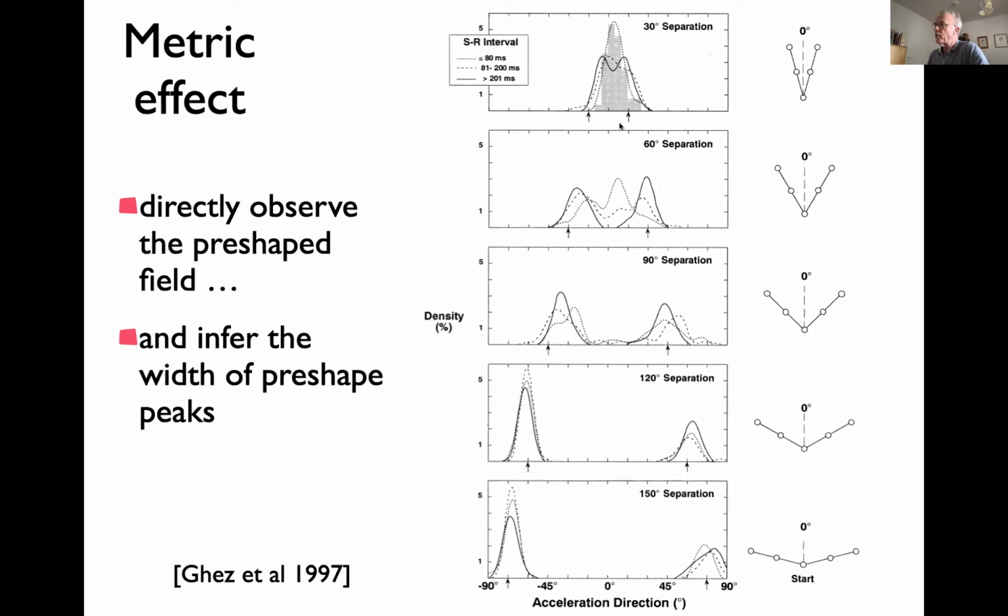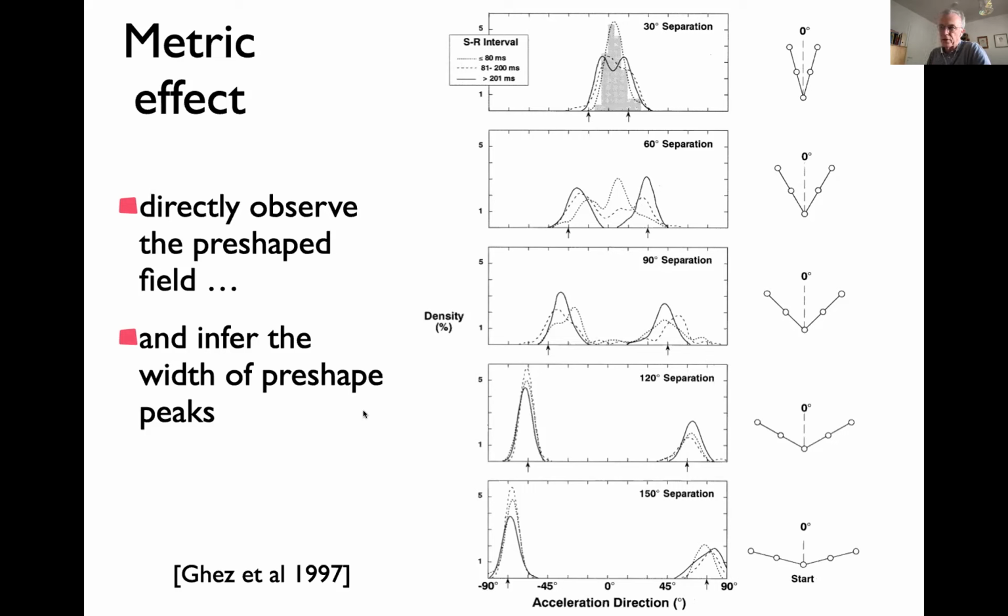You see when they're very close, they have a monomodal peak. So they are making an averaging response. When it's a little larger, they make an averaging response for the very fast responses, but then make a bimodal one, so select one of the two, for the somewhat larger ones, and then it's bimodal all the way through.